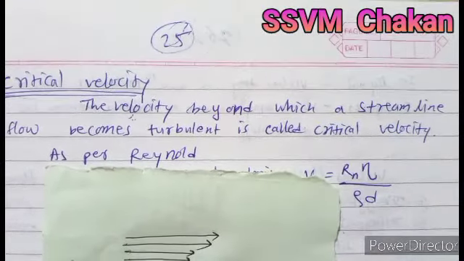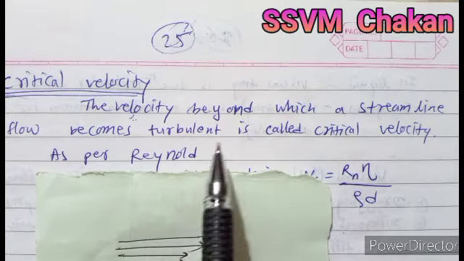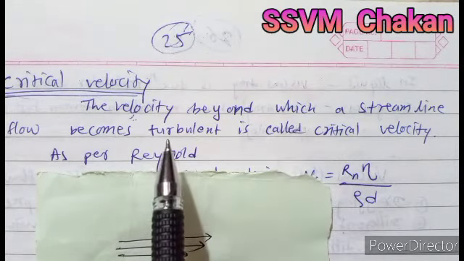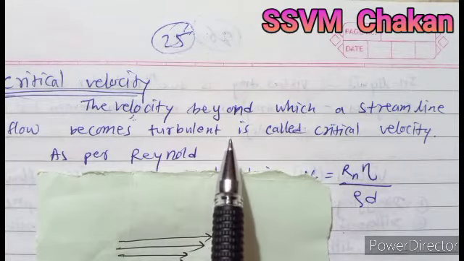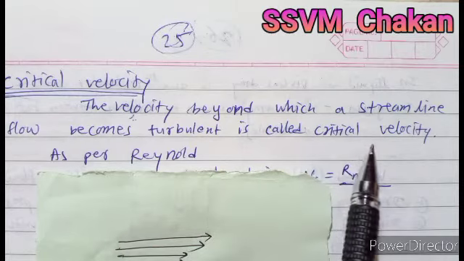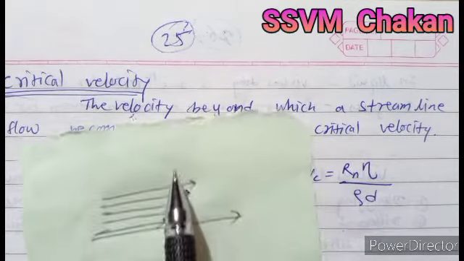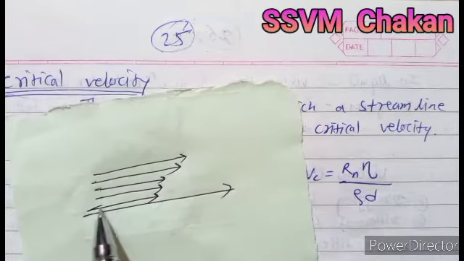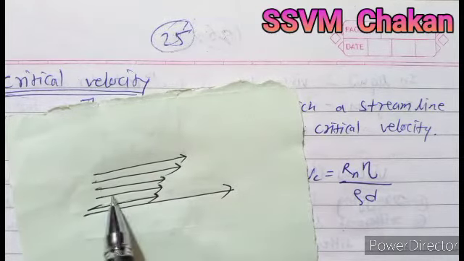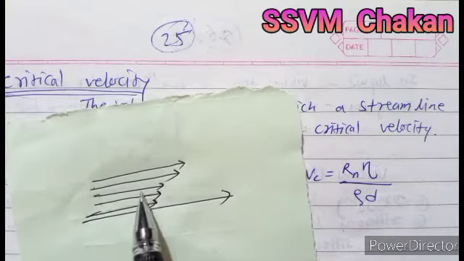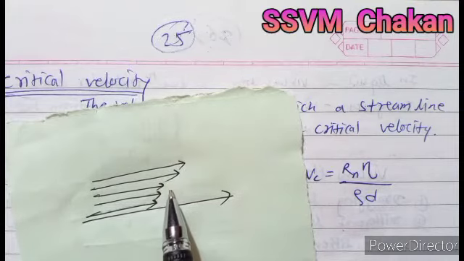Critical velocity, the velocity beyond which streamline flow becomes turbulent, is called critical velocity. When the rainfall is less, the rivers flow with a steady velocity. It is called streamline velocity.